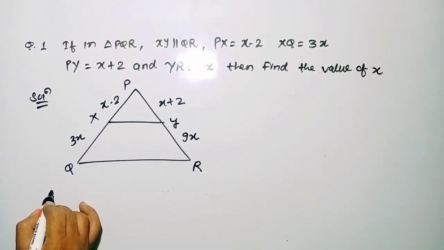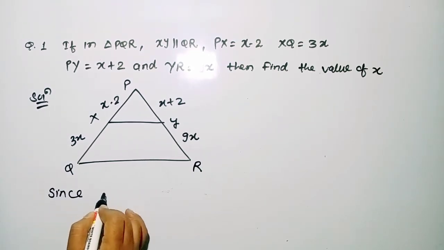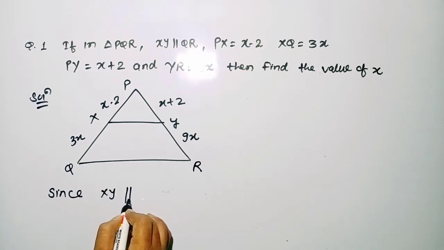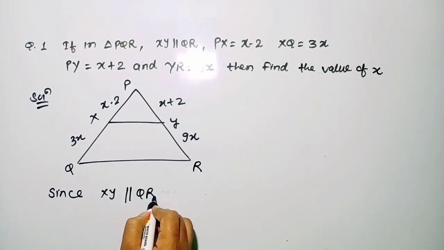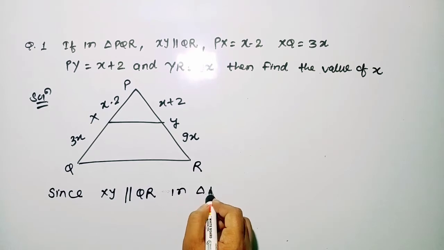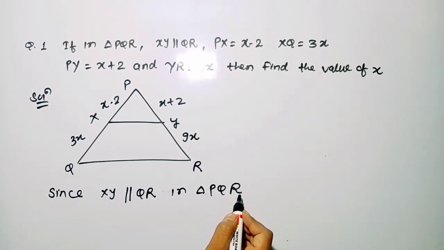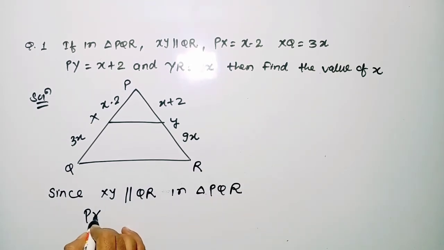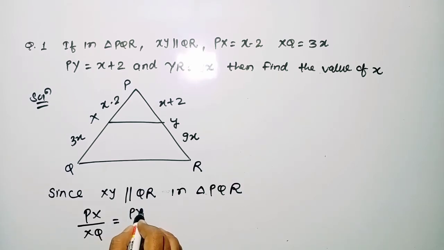As we know that fundamental theorem of proportionality, XY is parallel to QR in triangle PQR. Right? So here we can write PX upon XQ is equal to PY upon YR.